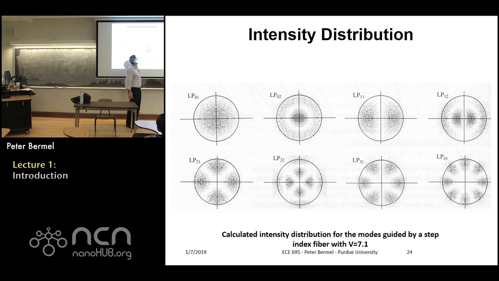You also have this LP11 mode, which I showed you earlier, with a dividing line in the middle. Some of these modes, like the LP11 mode, you can rotate 90 degrees and get another copy of that mode with a different polarization, right?